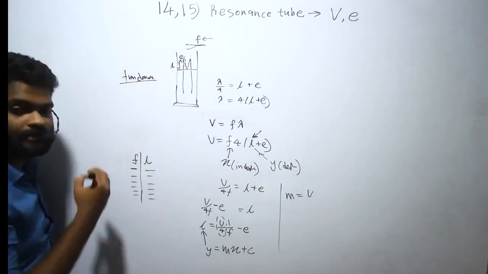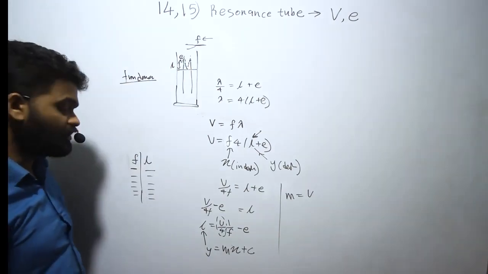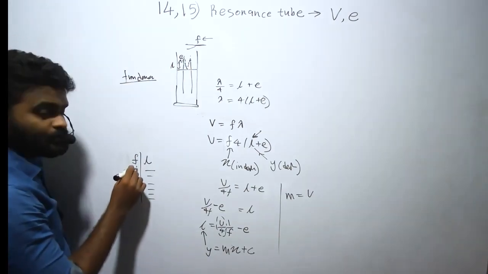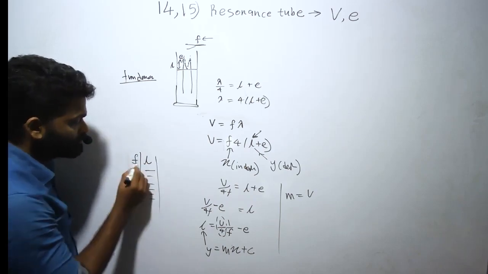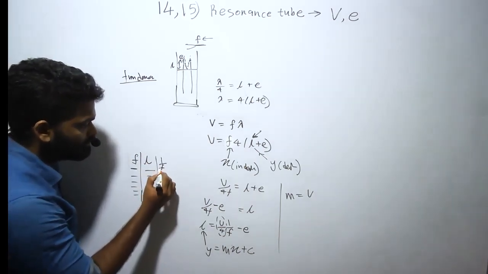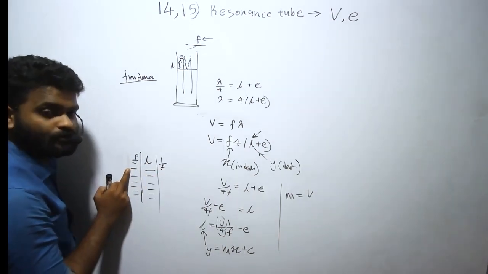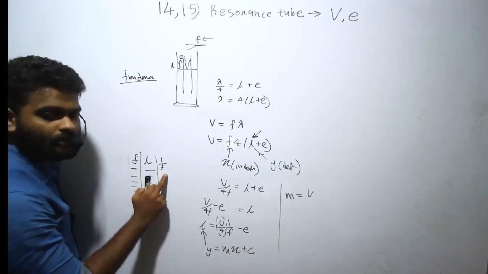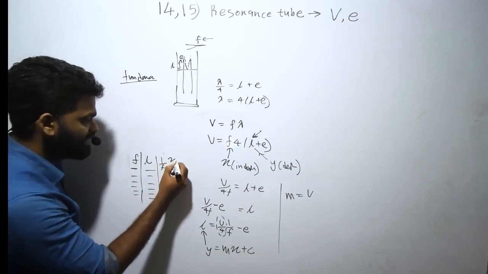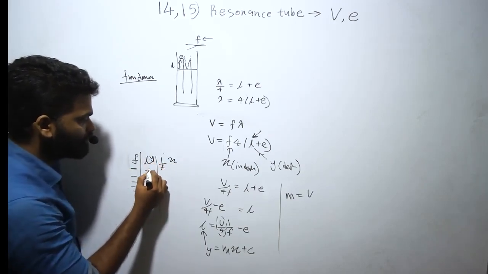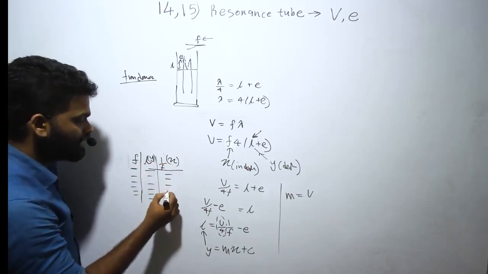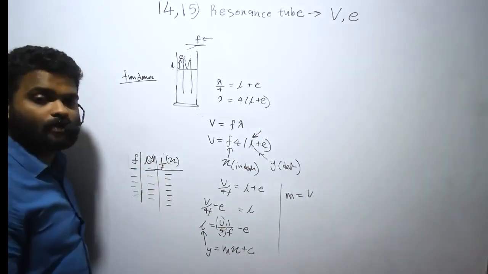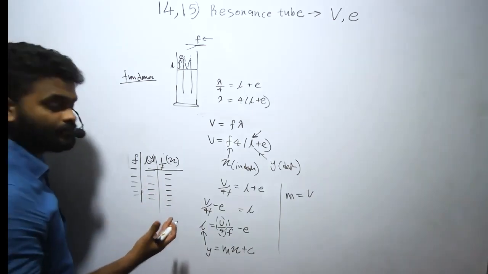Using this, you get about 6 resonance lengths, right? Once you get these x and y coordinates, actually the x coordinate is 1 over f, right? So once you know this f value, you can calculate 1 over f. So this is x and this is y. Now you know 6 x and y coordinates in order to draw the graph.